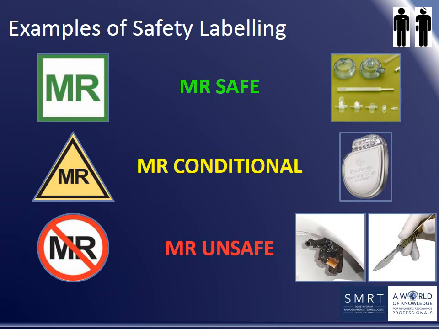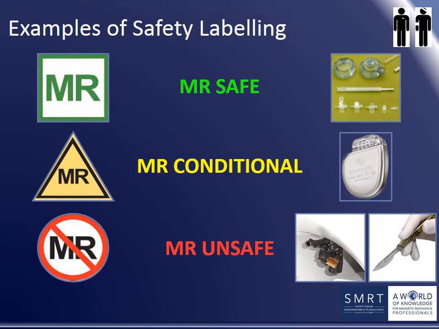These are examples of the standard MRI safety symbols used in labeling devices, implants, and equipment. The green MR safe symbol, the yellow MR conditional symbol, and the red MR unsafe symbol are shown. To the right of each symbol are examples of objects appropriate to each safety category.